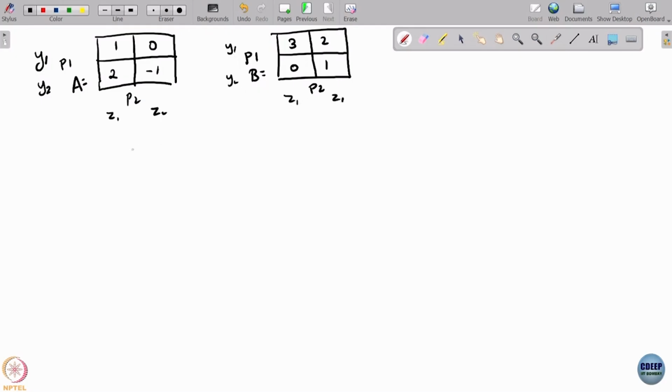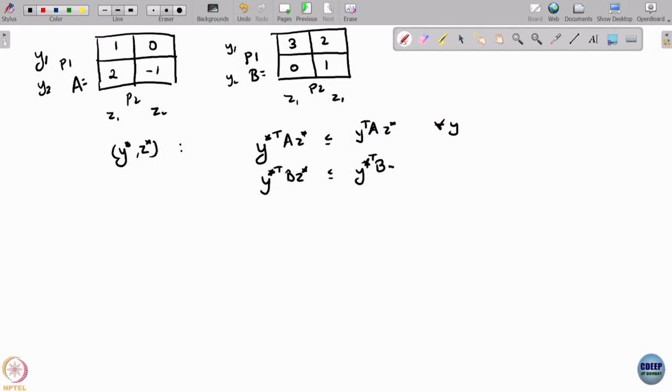Then by a Nash equilibrium, I am looking for y star, z star, such that y star transpose A z star is less than or equal to y transpose A z star for all y, and y star transpose B z star is less than or equal to y star transpose B z for all z.